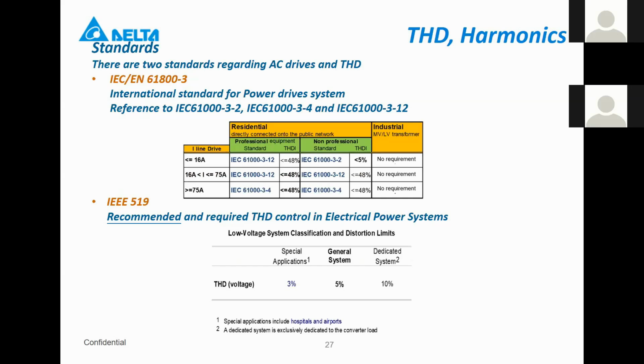And the most common, what you see in all kinds of documents, is the IEEE 519. And this is a recommendation. It's not a standard, it's a recommendation. And it gives a general recommendation for THDI lower than 5%.